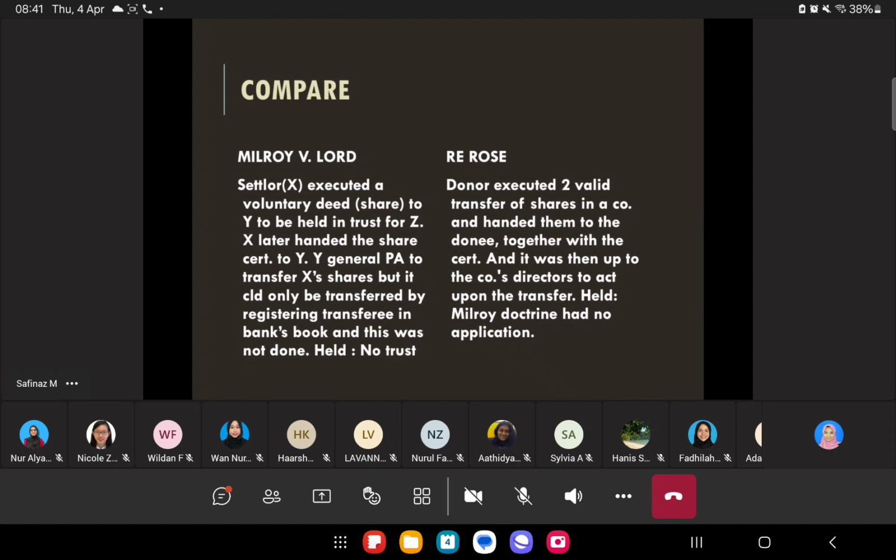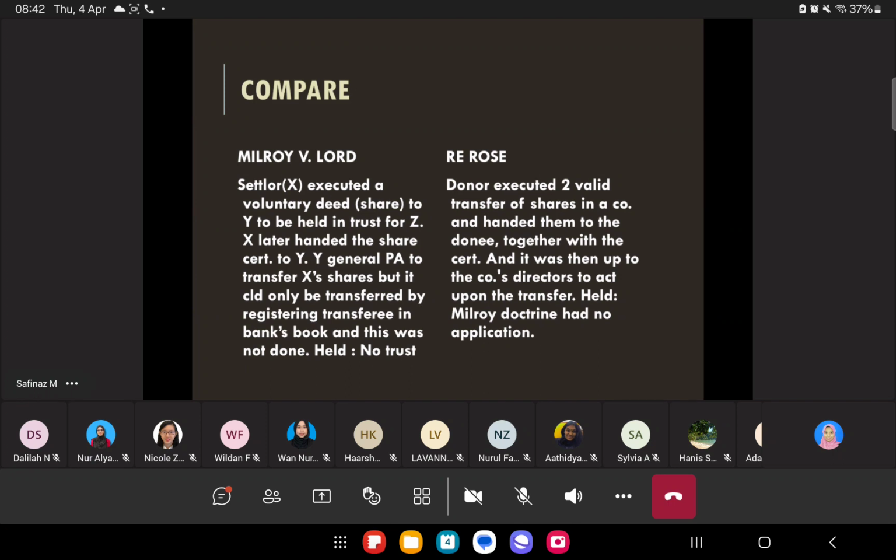So, apa perbezaan antara Milroy and Lord and REROS? Dalam REROS tu, kita lihat settler tersebut, dia dah lakukan everything in his power to transfer the share. Dalam REROS, dia dah serahkan, dia dah execute transfer of share, cuma the shares has not been transferred to the trustee sebab dalam REROS it depended on the action of the company's director, not the action of the settler.